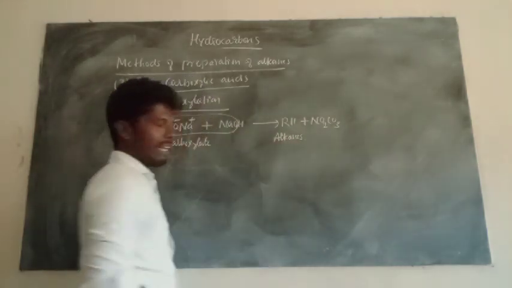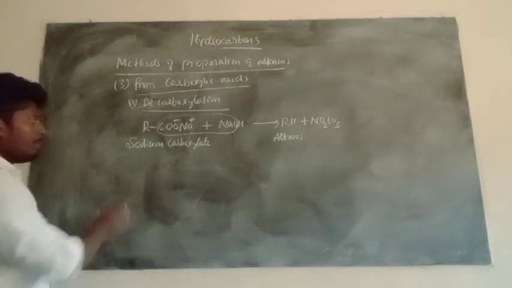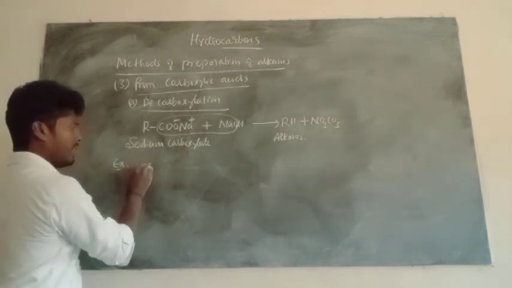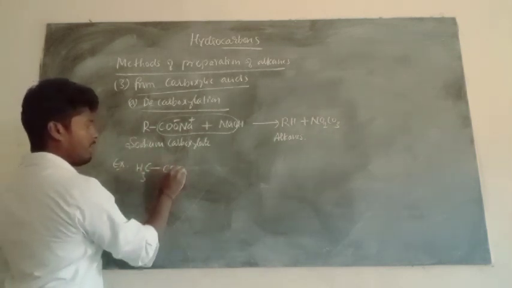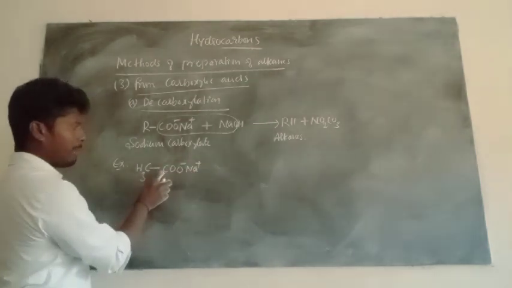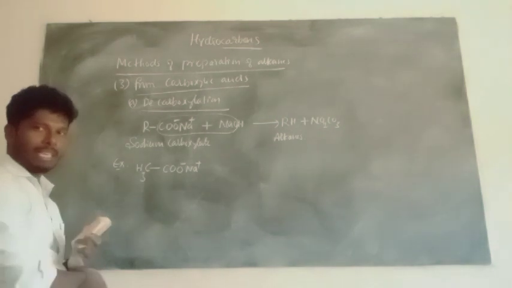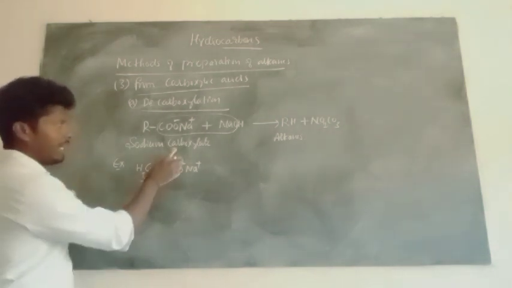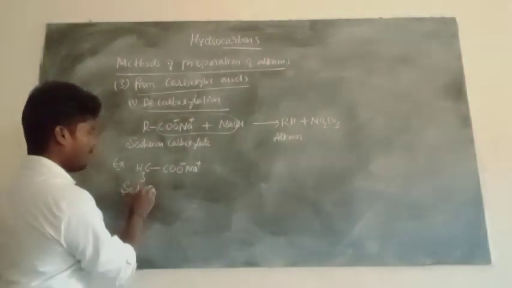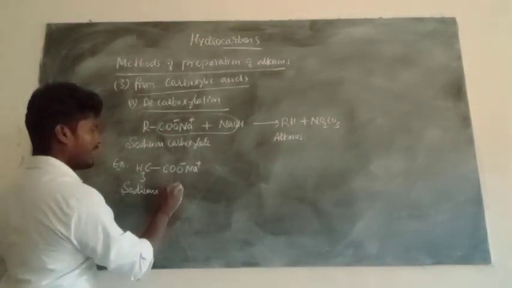Carboxylic acid, alkanes. So similarly, now an example. Take CH3-COO- Na+. So how many carbons are there? 1, 2. 2 carbons means ethane. So being a carboxylate, with the ethanoate we call it, and sodium. What is its name? Sodium ethanoate.